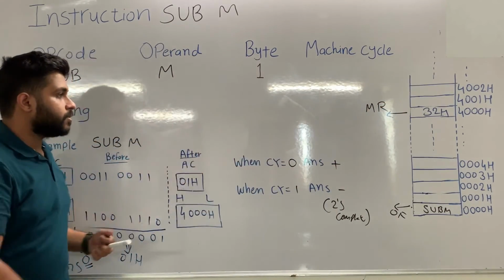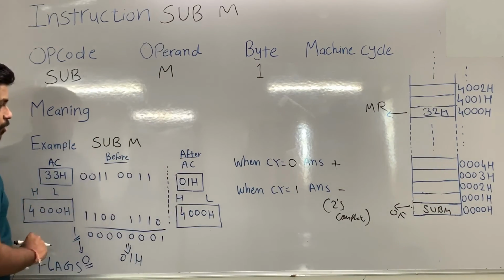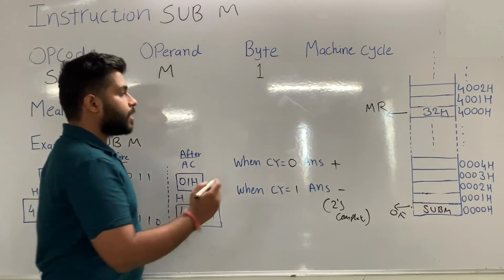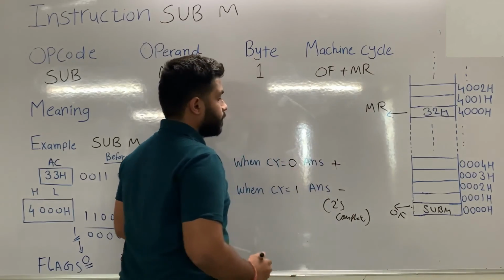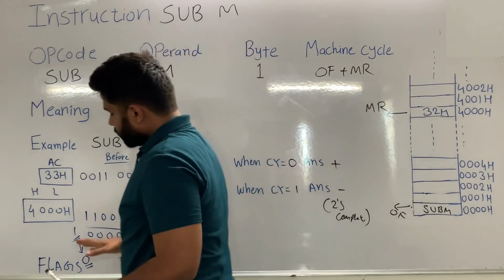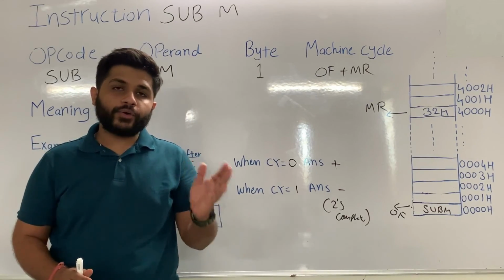When memory read is done, this data will be transferred to the microprocessor. The processor will perform the subtraction and the answer will be stored in the accumulator. So only two machine cycles are needed, that is opcode fetch plus memory read. Because this instruction is an arithmetic instruction, all the flags will be affected according to the result.